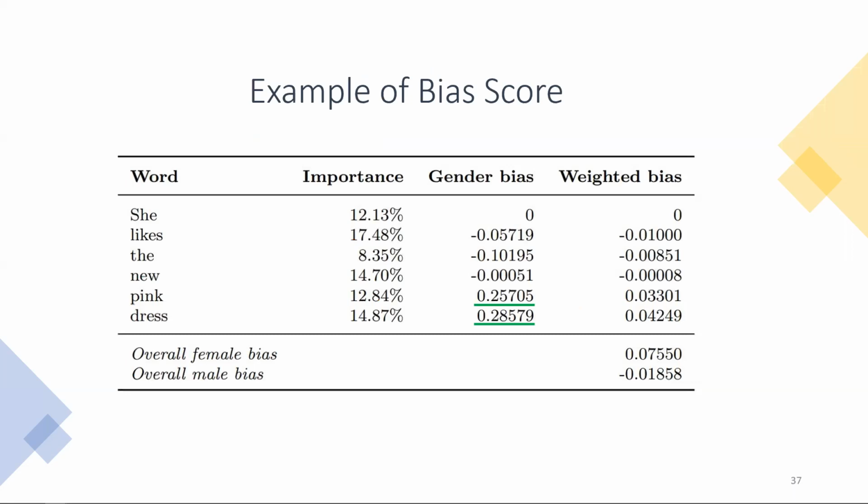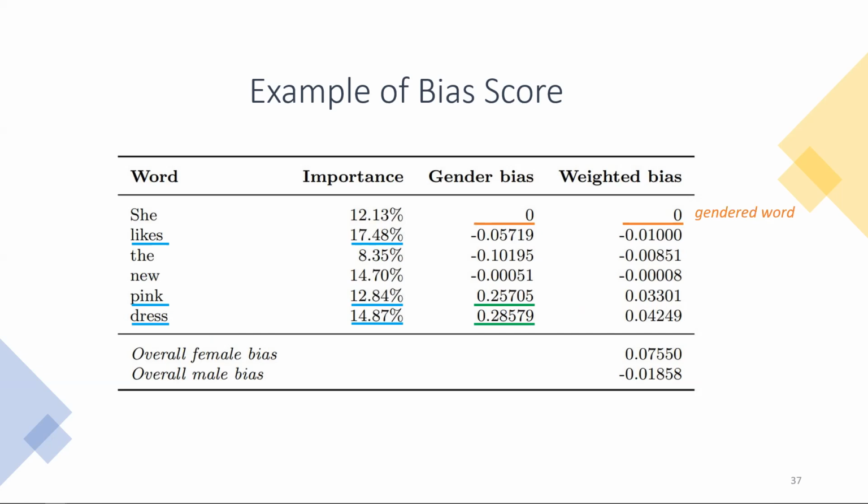This is one example. We have the sentence "she likes the new pink dress", which is a stereotypical sentence. So what we do is consider the importance of the words. We see that the more important words are adjectives or nouns. And then we set to 0 the gender bias for any explicitly gendered words. Why? Because this is correct gender information, so for us, it's not biased.